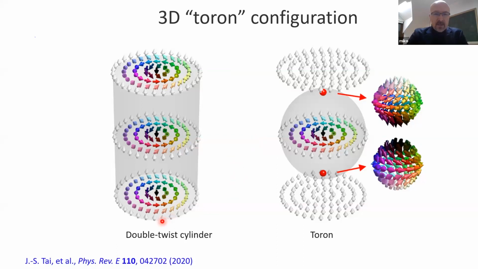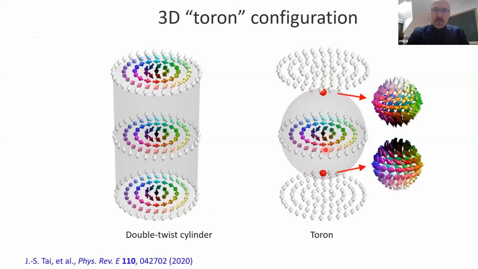First, imagine this baby skyrmion, which is represented schematically at the bottom of this double twist cylinder, and then you develop it along the symmetry axis into the third dimension. So just translate it uniformly. You obtain the so-called double twist cylinder. And then in order to place this double twist cylinder between plates, you squeeze the top and bottom portion of the cylinder and decorate it with hedgehogs, which are schematically represented by these red points.